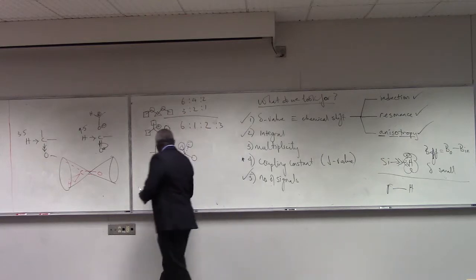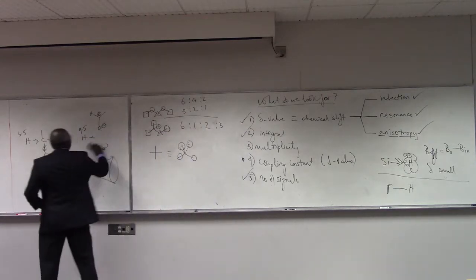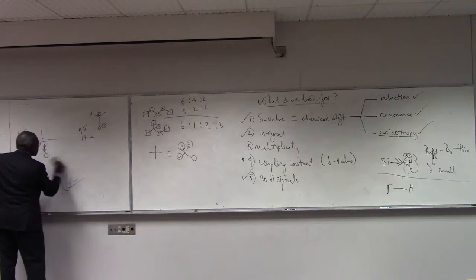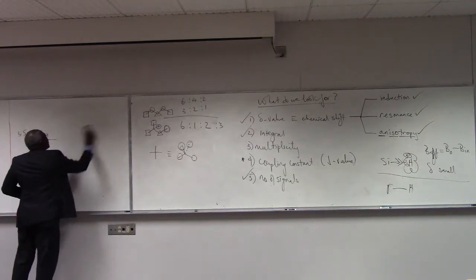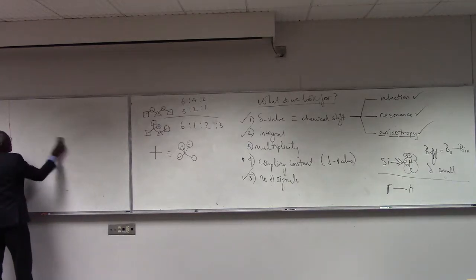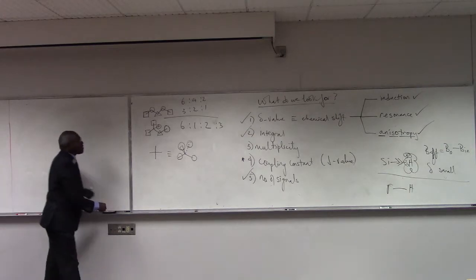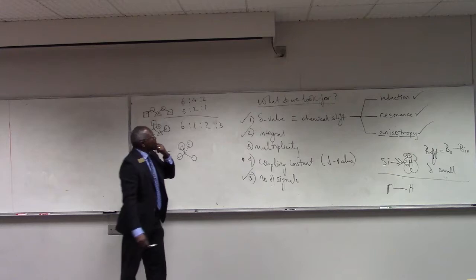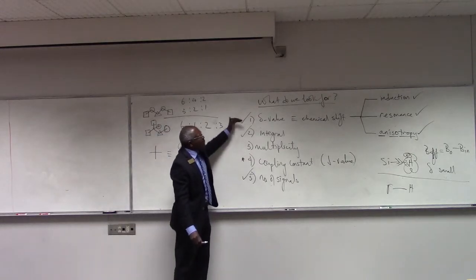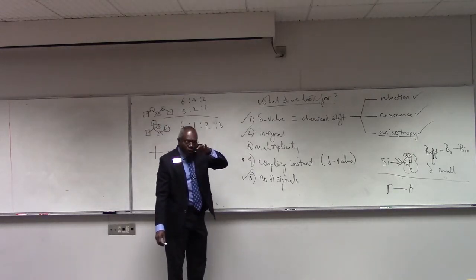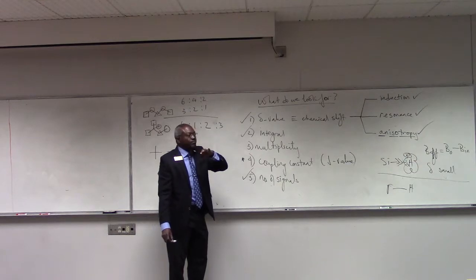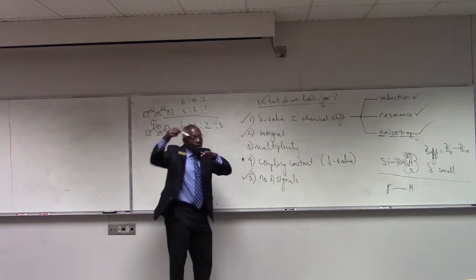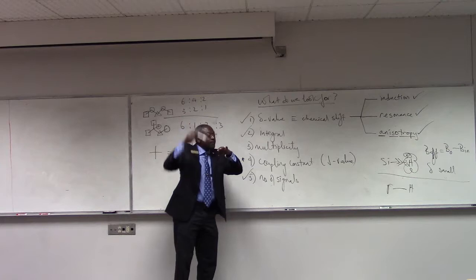Multiplicity. So the multiplicity of a signal is information as to the number of neighbors a given H has. So whereas the chemical shift speaks directly about the proton under consideration, but takes into account who's around it, right?